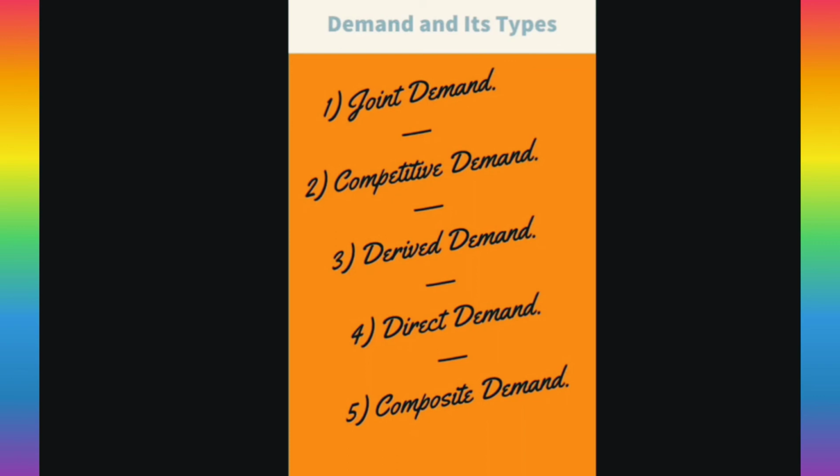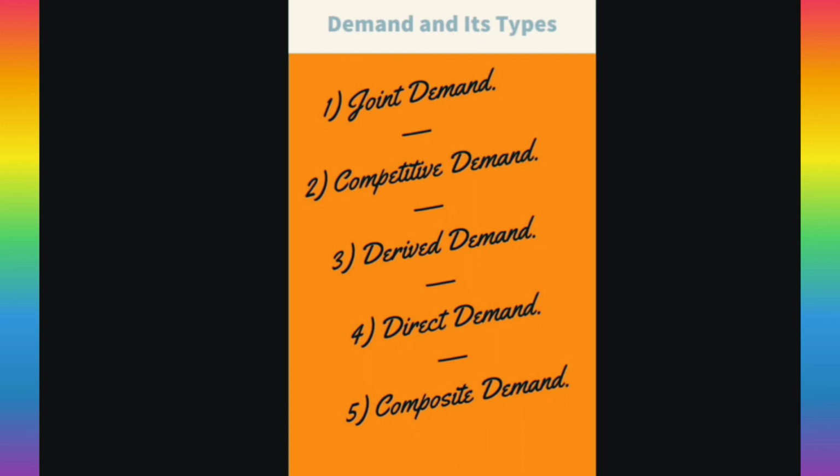Next is composite demand. The demand for a commodity which can be put to several uses is called composite demand. For example, coal can be used for heating, cooking, and operating railway engines as well. Next is direct demand.